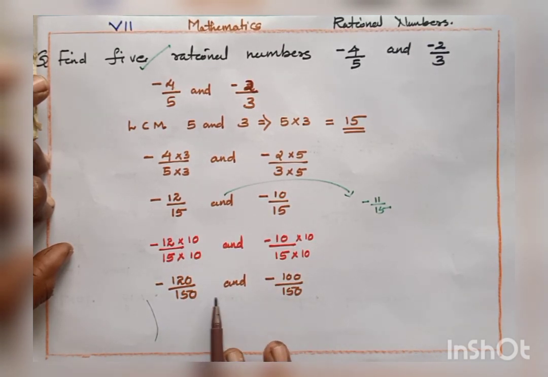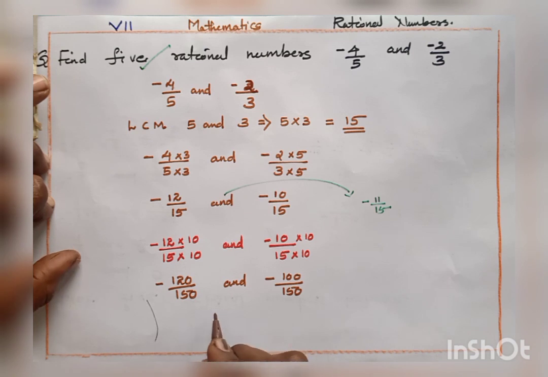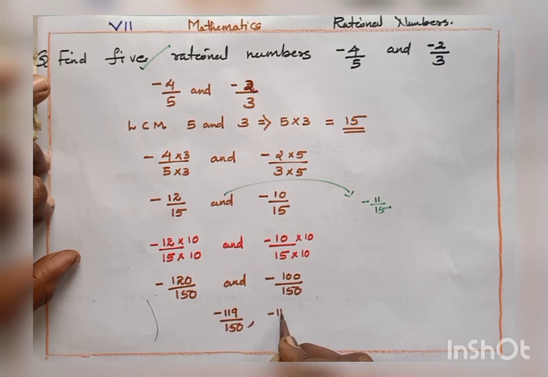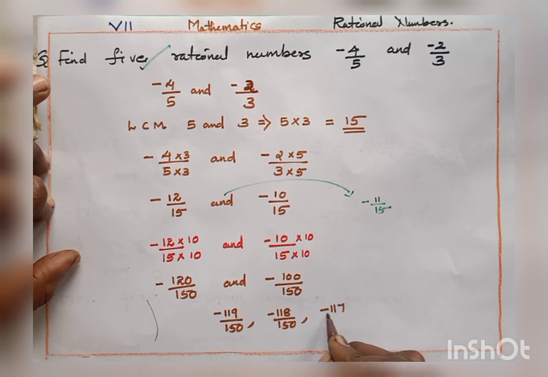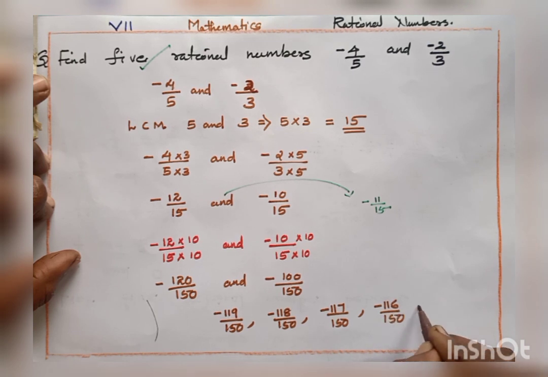So we can find how many rational numbers in between. Yes, 18 rational numbers. Select any 5 rational numbers, say minus 119 by 150, minus 118 by 150, minus 117 by 150, minus 116 by 150 and minus 115 by 150.